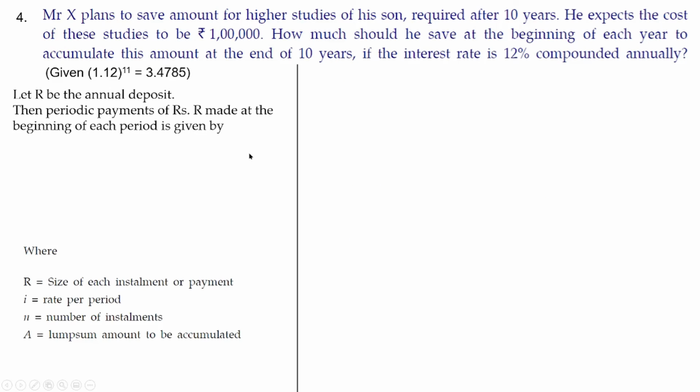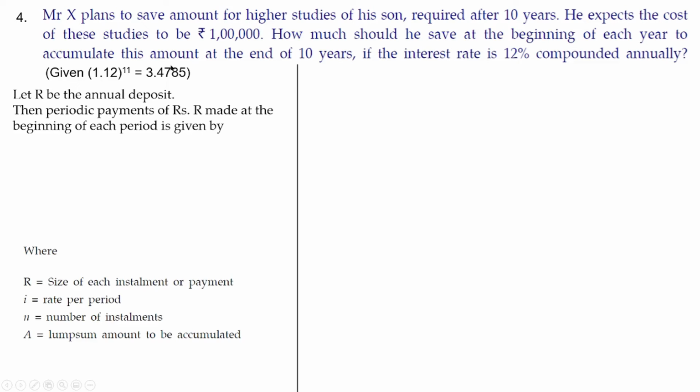Now moving on to the next type. Mr. X plans to save an amount for higher studies of his son required after 10 years. He expects the cost of these studies to be rupees 1 lakh. How much should he save at the beginning of each year to accumulate this amount at the end of 10 years if the interest rate is 12% compounded annually?